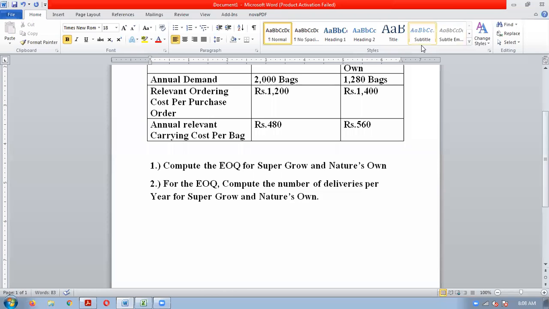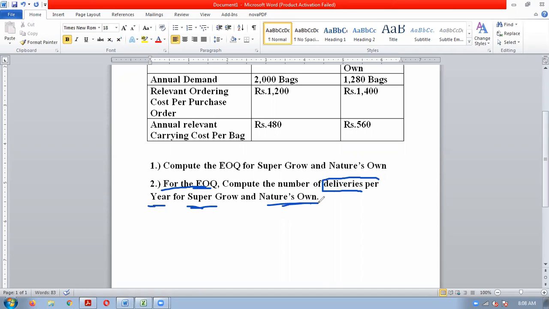See, the second part of the illustration is interesting. What is asked in the second part? For the given EOQ, you should compute the number of deliveries per year for Super Grow and Nature's Own. So you should tell how many deliveries will be required during a year. Anybody can tell, so apply your logic.